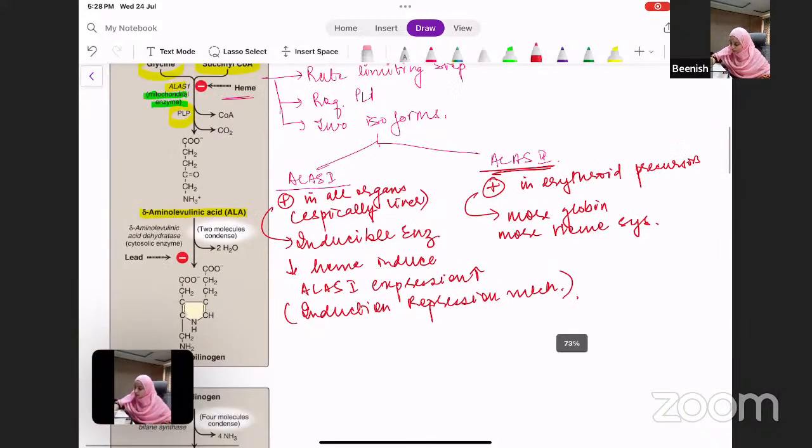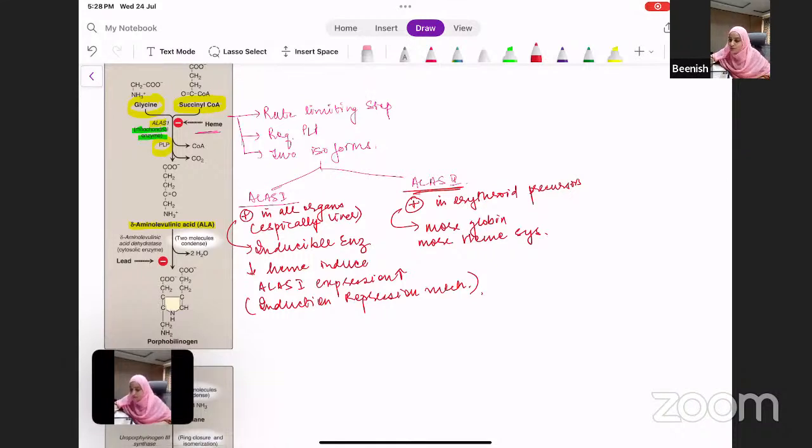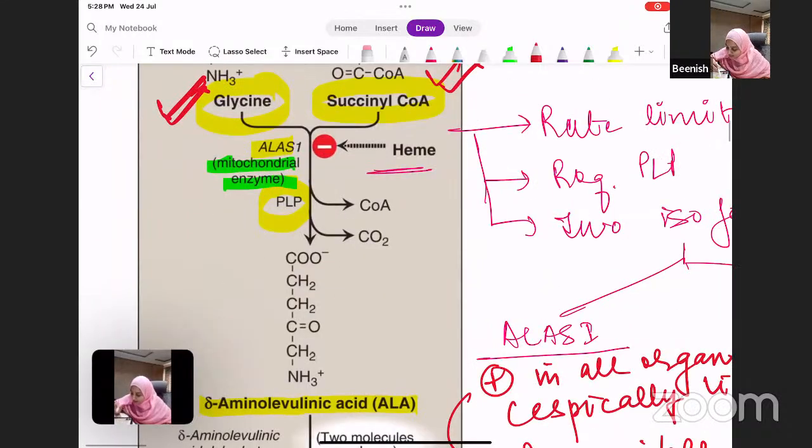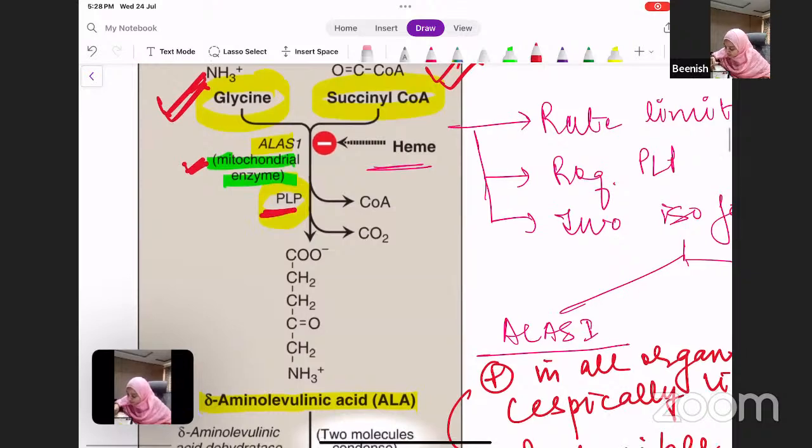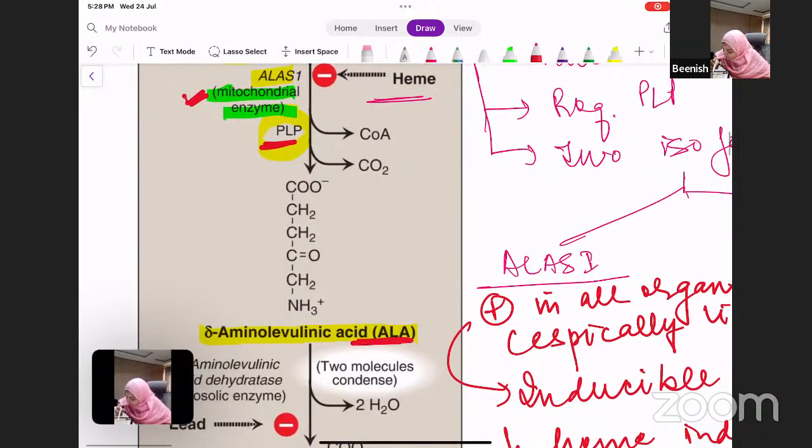Okay, so that was about the first step of heme synthesis, in which glycine combines with succinyl CoA. This is taking place in the mitochondria. The enzyme is ALA synthase 1, PLP is required, and you can see ALA being formed.